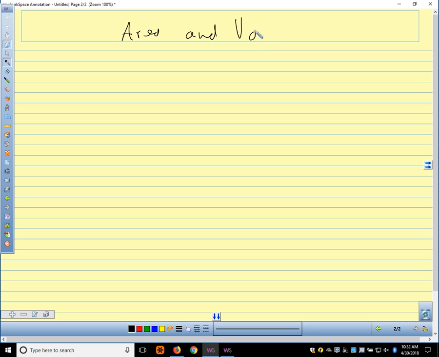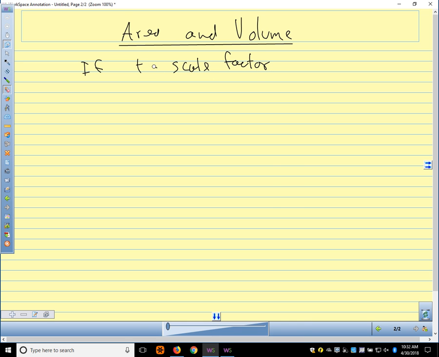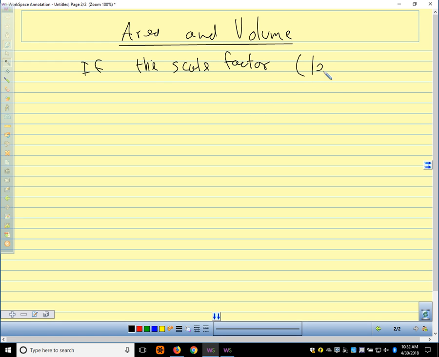So for area and volume, the scale factor is the same as saying the length ratio, and we have two similar solids.